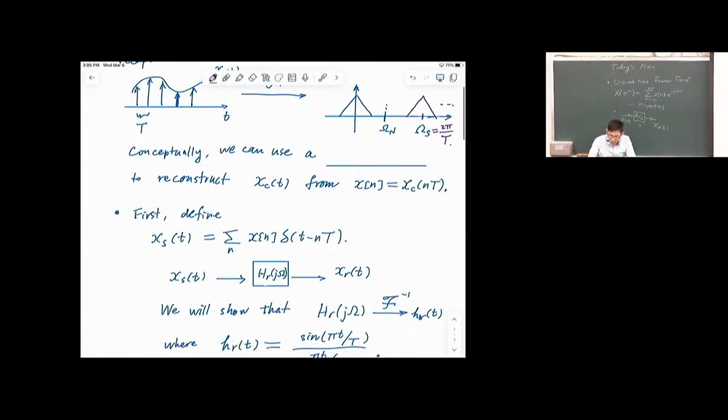When all we have is a sequence of impulses in time as the result of sampling, and they can even go negative, let's say we have something like that, how do we reconstruct the signal?